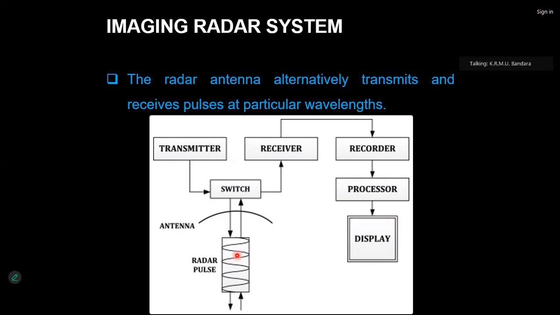The radar pulse is touching the ground, and after completing one line, the satellite continues moving to the next line. Then it goes out of focus from the first line and comes into focus on the second line. At that time, the second pulse comes to the ground, and the returning signal from the second line is received by the same antenna, where the switch is off for transmission.